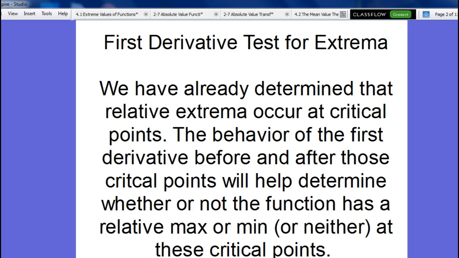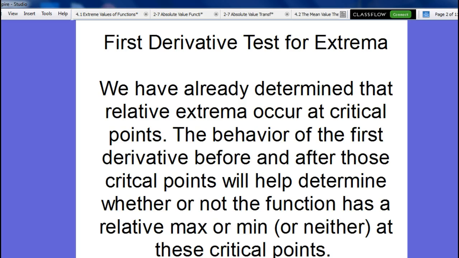We get relative extrema by setting the derivative equal to 0 or finding where it does not exist. Those are known as the critical points. The behavior of the first derivative before and after those critical points will now help us determine whether these are maxes or mins. So if something is increasing and then decreasing, you know you have a relative max.